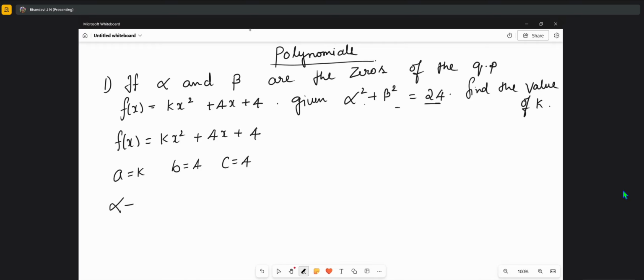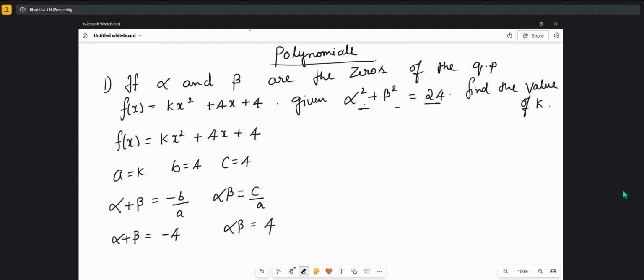So alpha plus beta will be equal to minus b by a. So alpha plus beta here is equal to minus 4. Now alpha into beta is equal to c by a. What is the alpha and beta here? We don't know. We know only this. And c by a is 4.